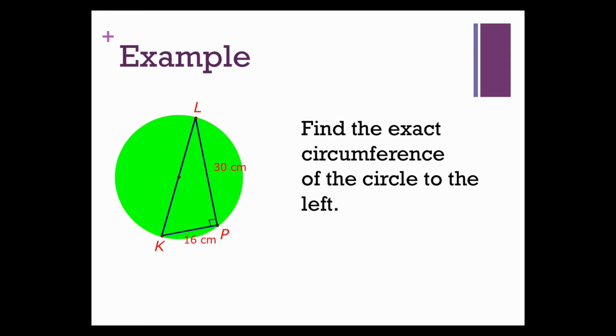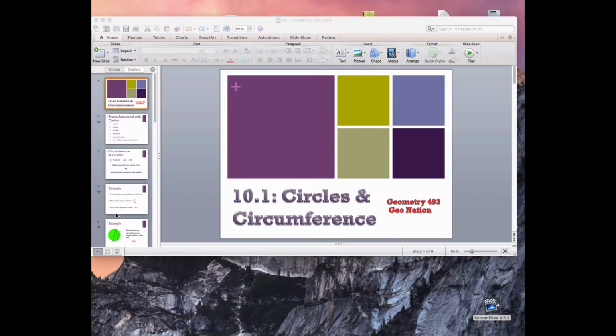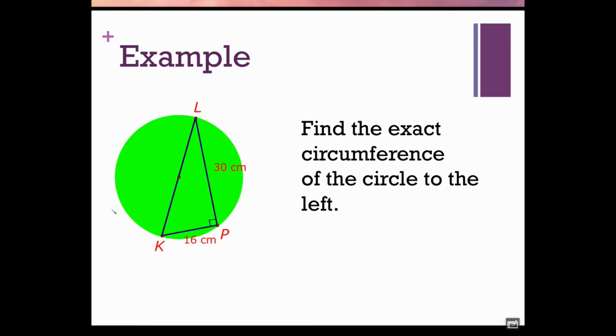Why? Because you do Pythagorean theorem, find the hypotenuse, which is the diameter. So you did Pythagorean theorem? Yeah. 16 squared plus 30 squared equals KL squared.